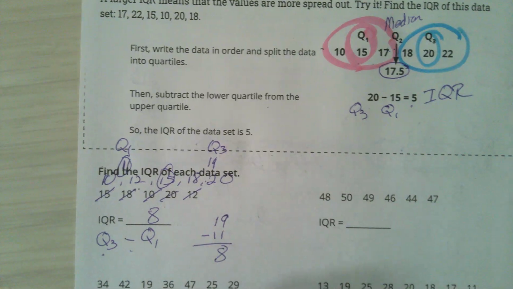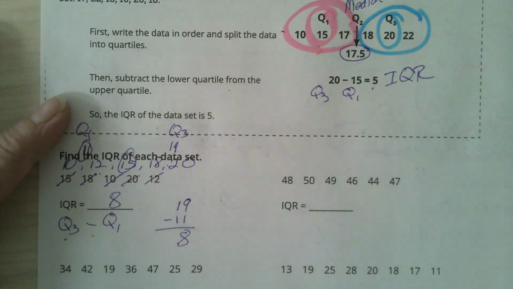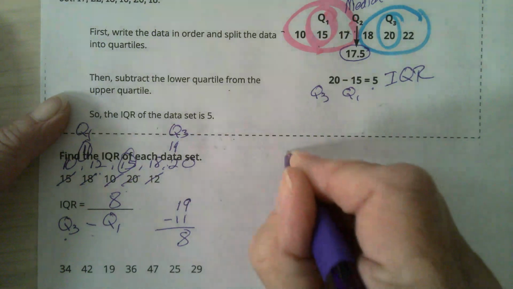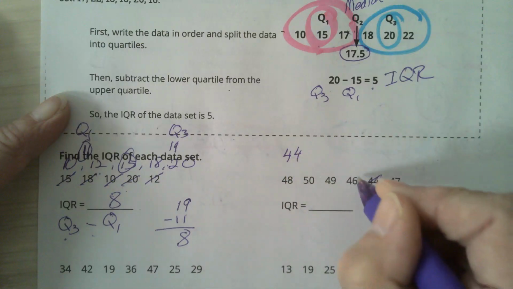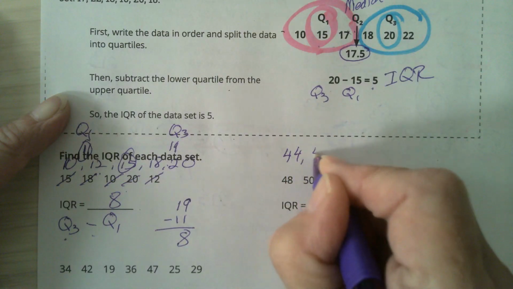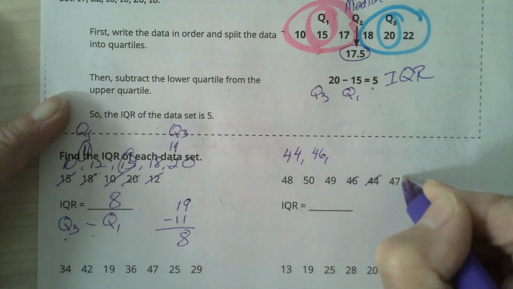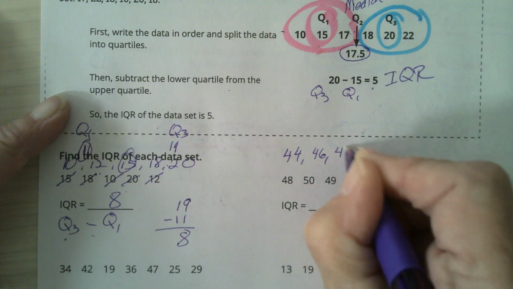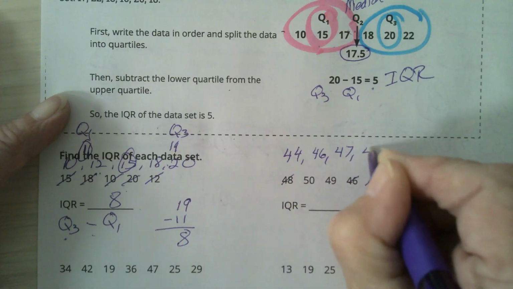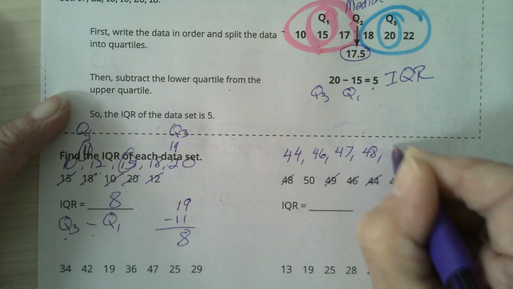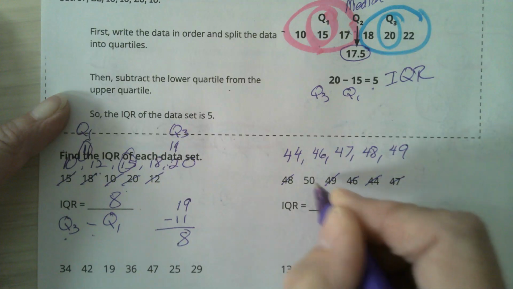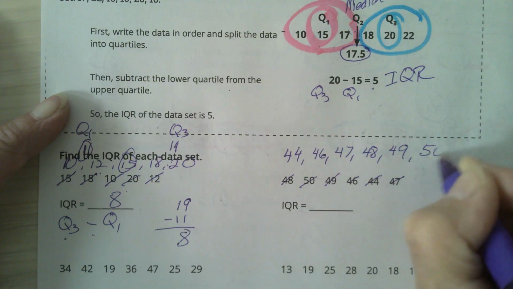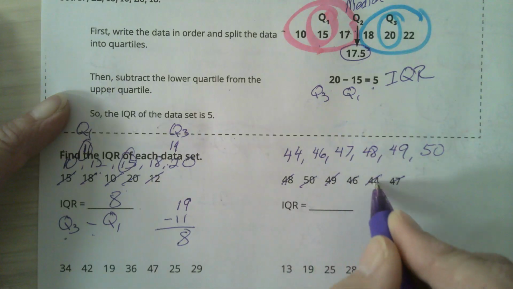Let's do one more together. Let's do this one. Okay, my smallest number is 44, 46. The hardest part, really, is putting your numbers in order. 47, 48, 49, and 50. 1, 2, 3, 4, 5, 6.